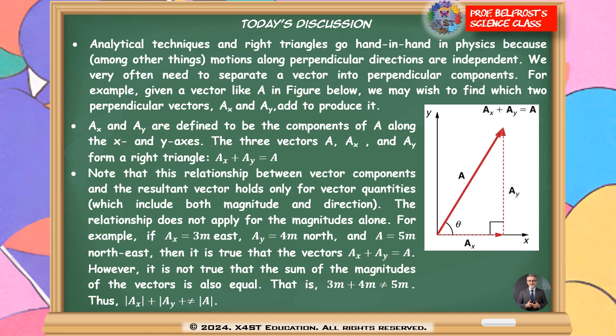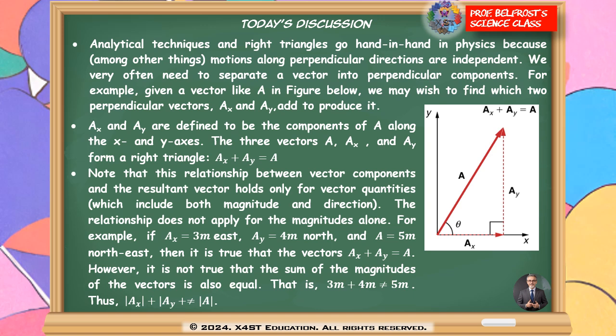For example, given a factor like A in the figure below, we may wish to find which two perpendicular factors Ax and Ay will add and produce this result. Ax and Ay are defined to be the components of A along the x and y axes, and it is very clear that factor Ax plus factor Ay will result in factor A. Please note that this relationship between the factor components and the resultant factor holds only for factor quantities, which include both magnitude and direction.